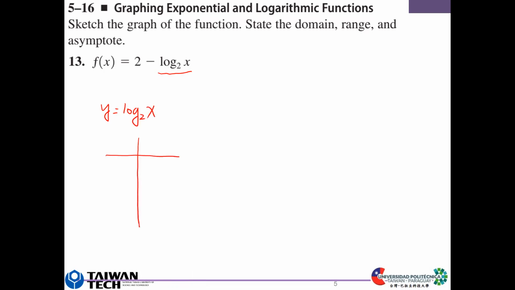So this is x, this is y, and we could choose a few x. If we put 1/4, y is -2. If we put 1/2, y is -1. If we put x equals 1, y equals 0.